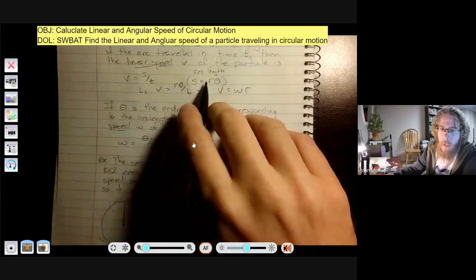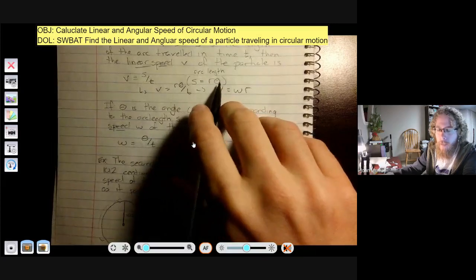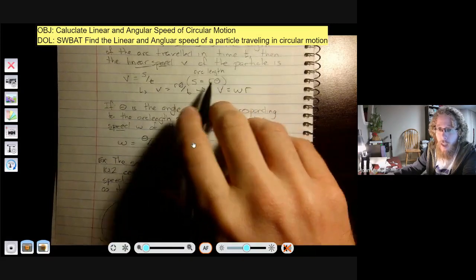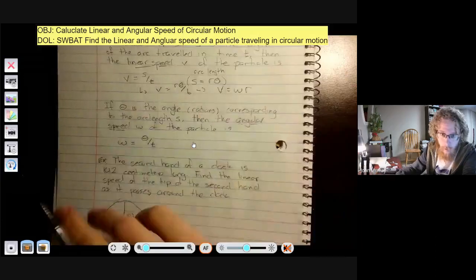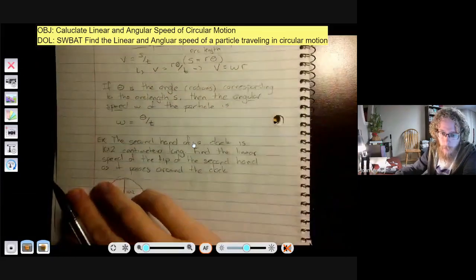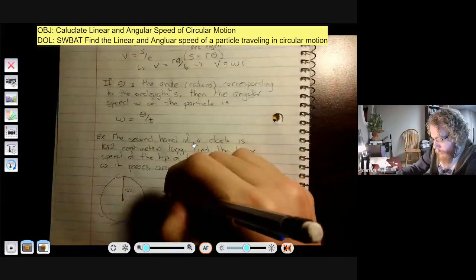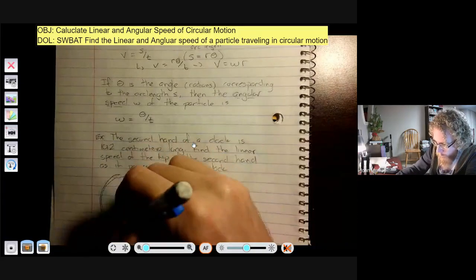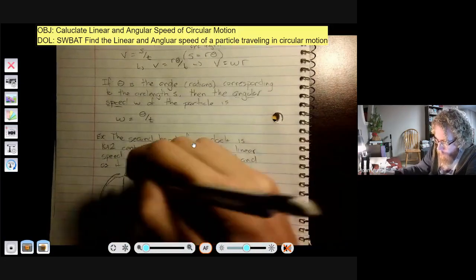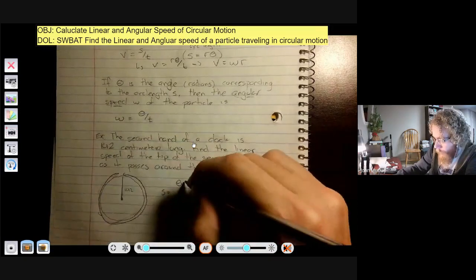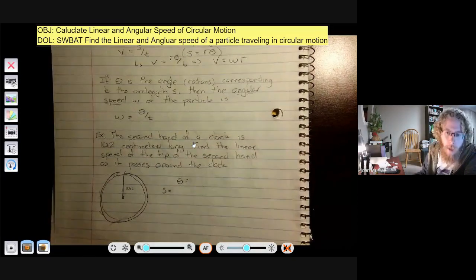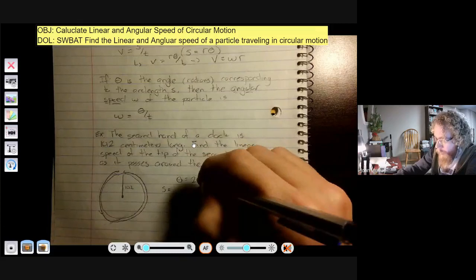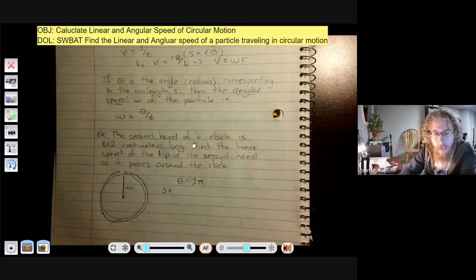So for linear speed, we need a few things. We can do the arc length. And then obviously time is simple because it's 60 seconds or 1 minute. So the arc length that we're traveling: if I'm making one full rotation, then the central angle is going to be 2 pi.